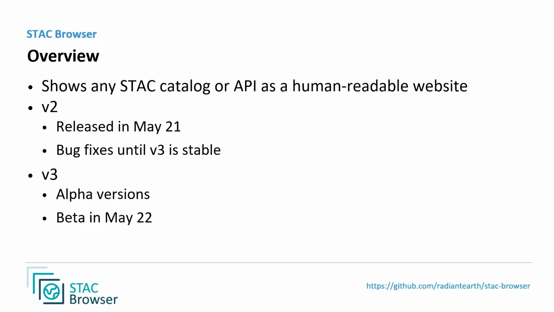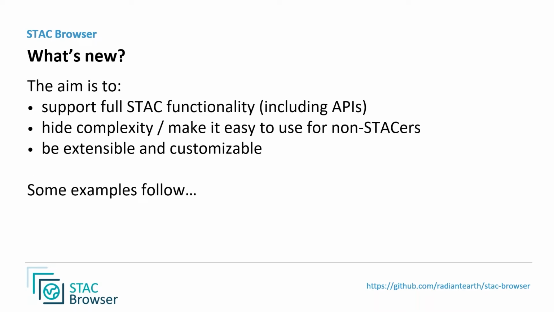So this still gets bug fixes until version 3 is stable, but version 3 is now the latest and greatest, hopefully. It is in an alpha version, so not really stable yet, but will go into beta in May 22, and then follow up with subsequent releases until it's stable, hopefully somewhere in this year. So that's basically the state of STAC Browser.